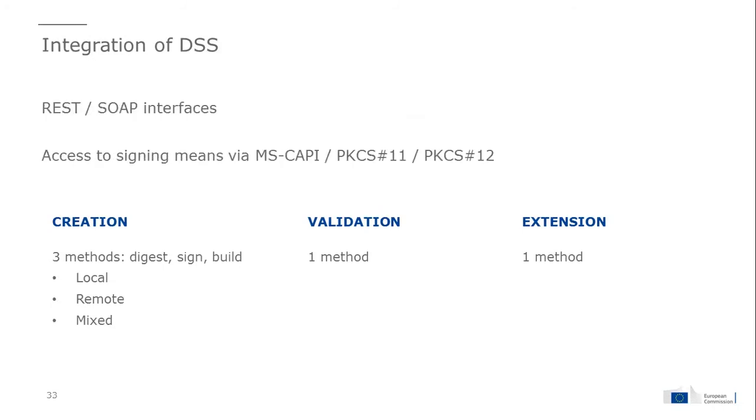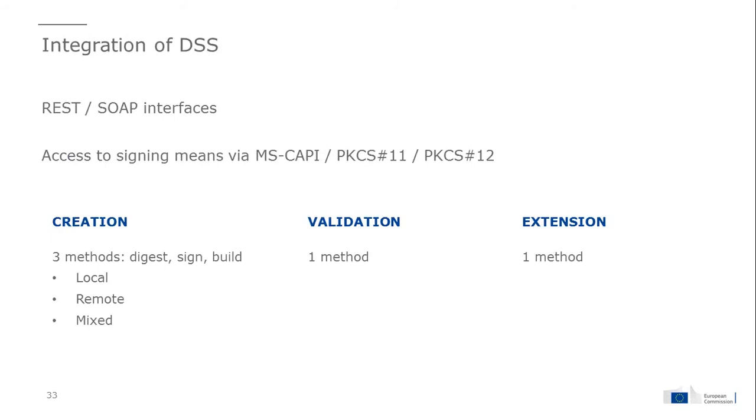There are also web services interfaces that are exposed, either in REST or in SOAP. There are different ways to access signing means, so the smart cards, for instance. It is MOCCA, PKCS 11, and PKCS 12 if you have a file. So again, there are really different ways to integrate DSS.